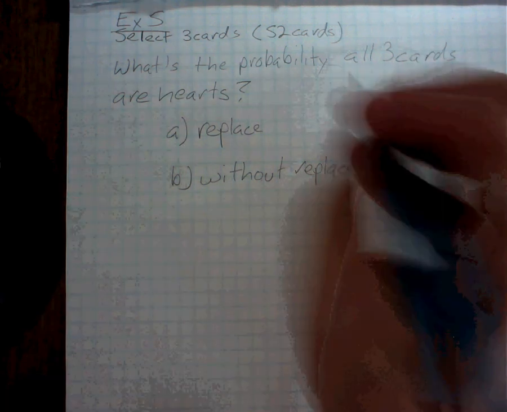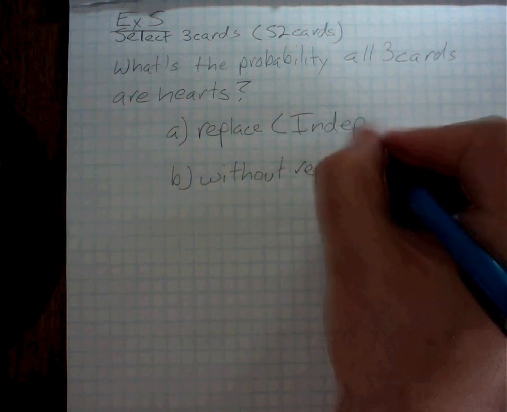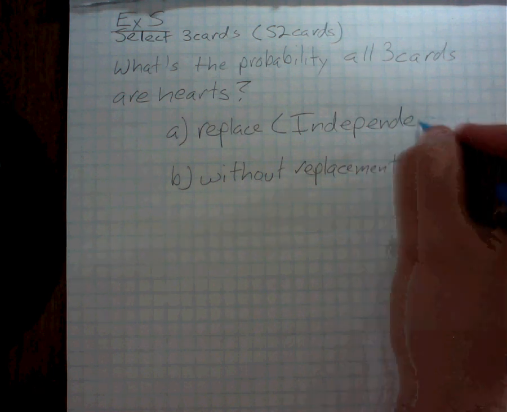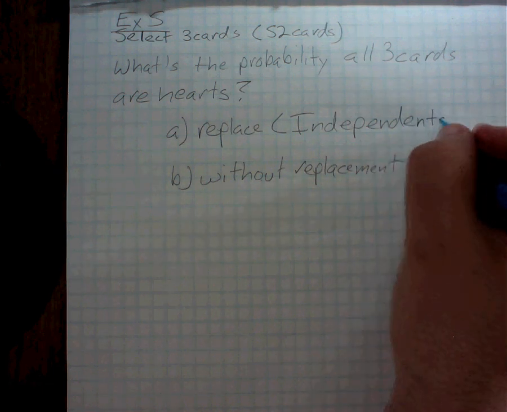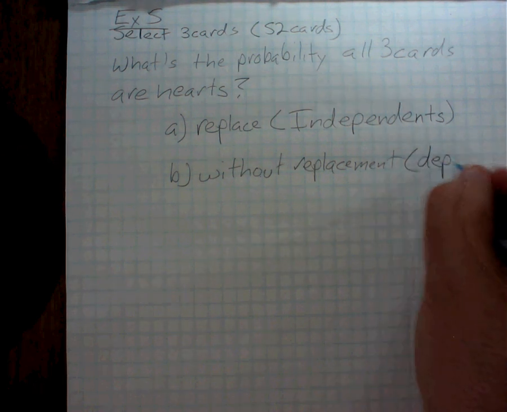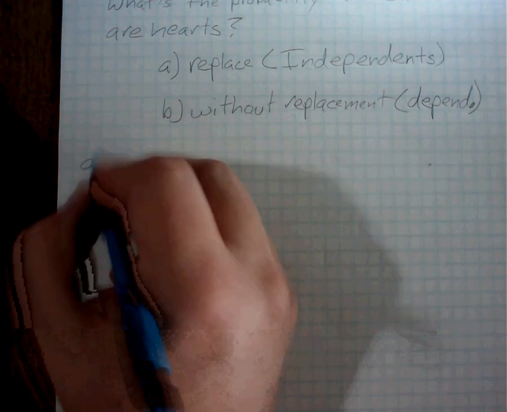Okay, so right off the bat, when we replace the card, we know that those are 3 independent events, and we'll talk about that in a second. And then dependent events. All right, so let's do part A.